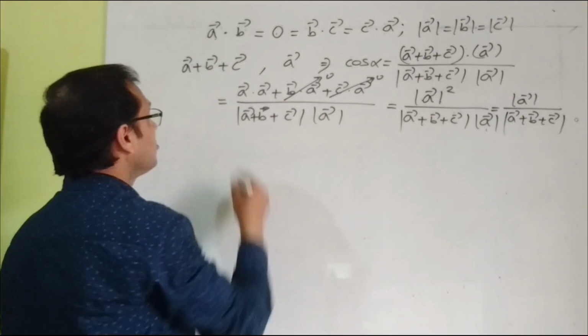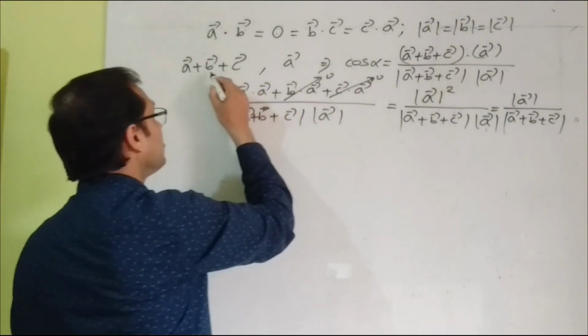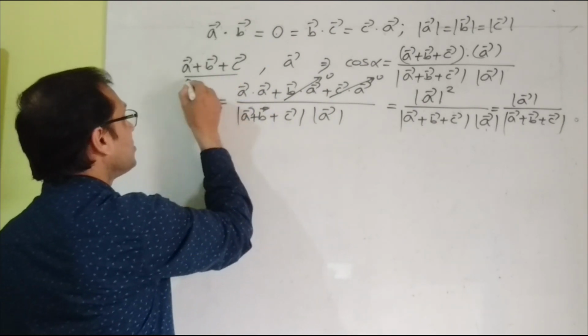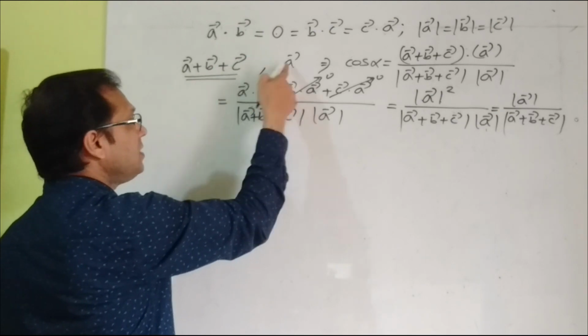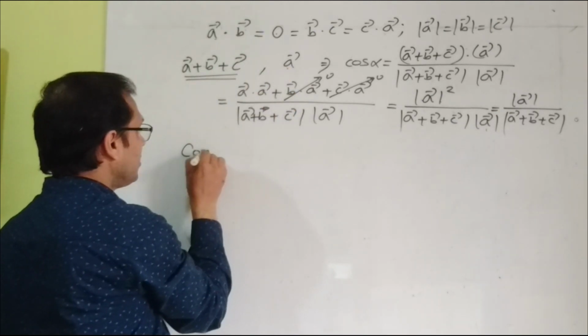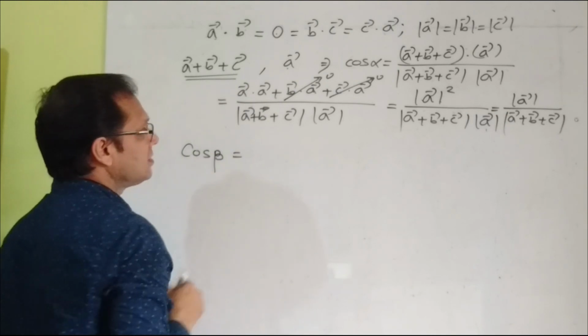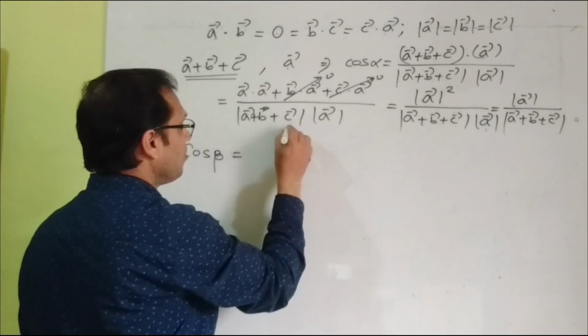Okay, so this is cos alpha, if alpha is the angle between a vector plus b vector plus c vector and a vector. Similarly, if the angle between a plus b plus c and b vector is beta, then cos beta. Similarly we can get it for b vector.